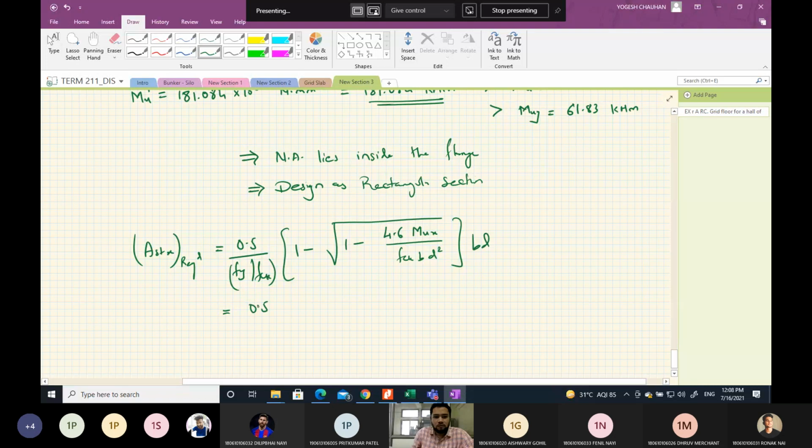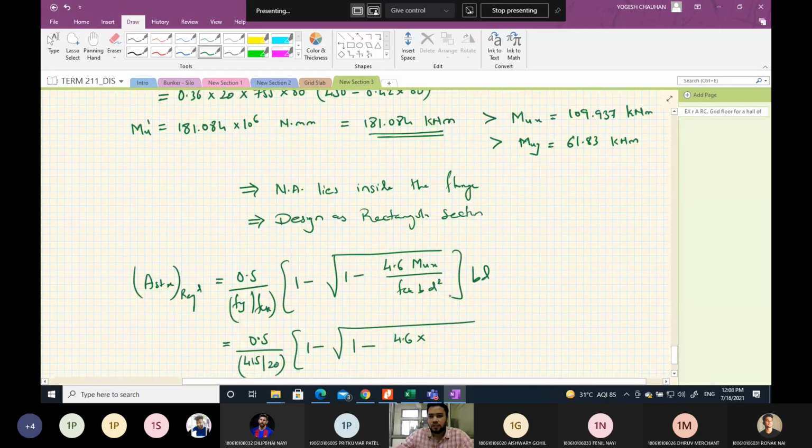So that will be equal to 0.5 divided by 415 divided by 20, whole multiplied by 1 minus under root of 1 minus 4.6 into MUX, 109.937 into 10 to the power 6, divided by 20 into width, width is 755, multiplied by effective depth 450 square, whole multiplied by 755 into 450.